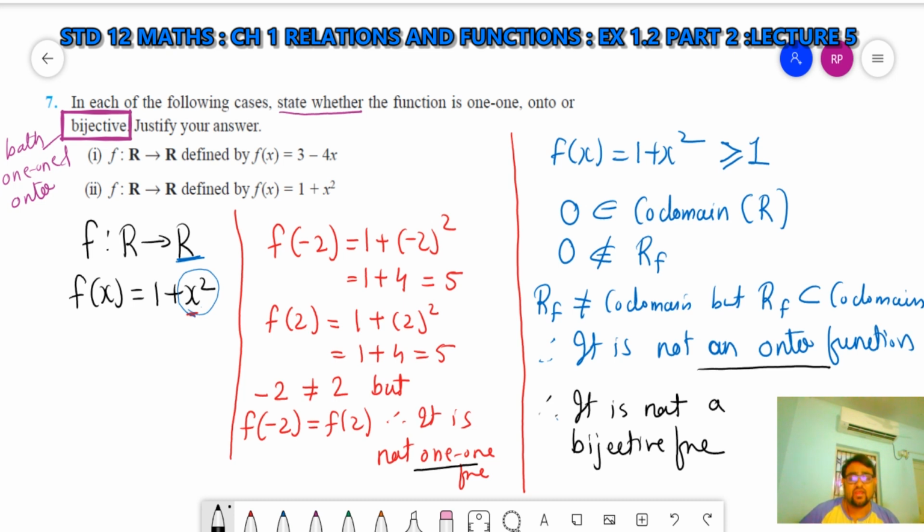And for the range, if the codomain is R and if any equation like this is given which you can convert into a perfect square, then it will never be an onto function, provided the codomain must be R. So note down question number 7.